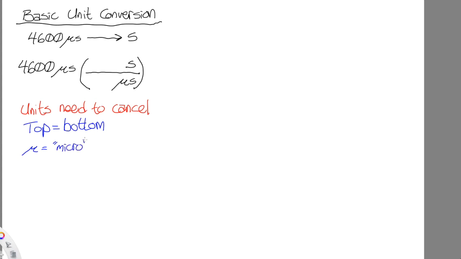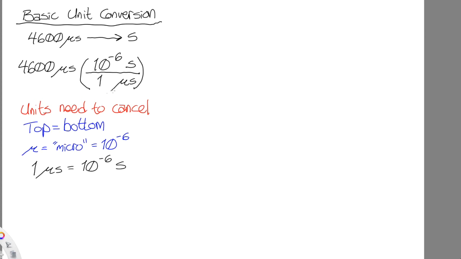And when I give you these metric prefixes, I'm going to give them in this format. Micro means 10 to the negative sixth. So what this means is that 1 microsecond equals 10 to the negative sixth seconds. So if we want our top to equal our bottom, then 1 microsecond equals 10 to the negative sixth seconds.